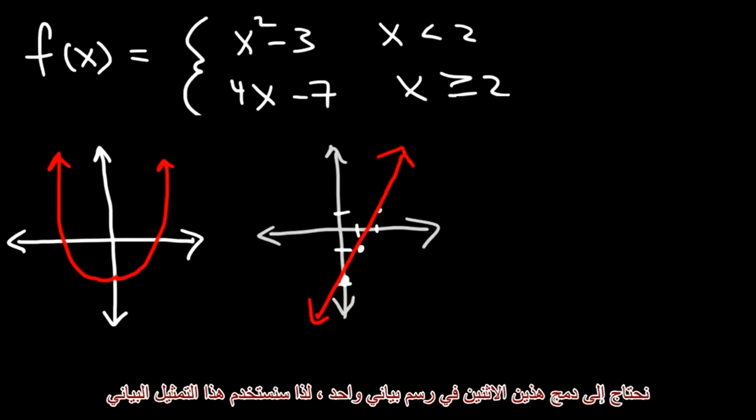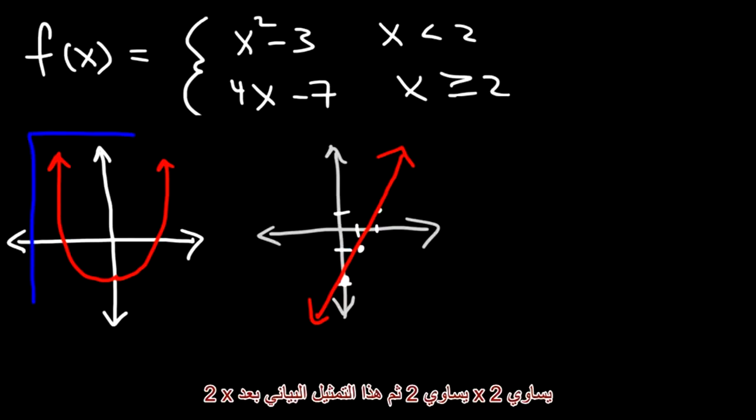So we need to combine these two into a single graph. So we're going to use this graph up to x equals 2, and then this graph beyond x equals 2.